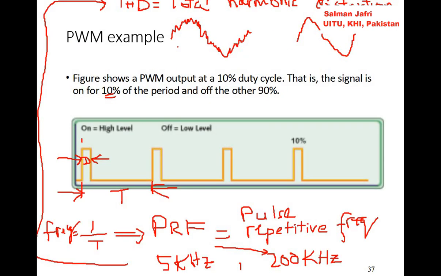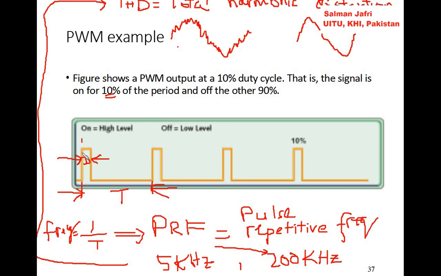So let's look at the PWM example, right? This is an analog signal created by a PWM wave. It looks something like this, right? So this is less smooth, this is more smooth, right? So this is the better analog voltage, this is the less nice analog voltage created by PWM. So the figure shows PWM output at a 10% duty cycle, right?